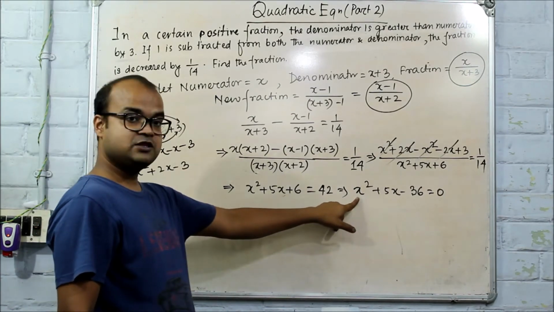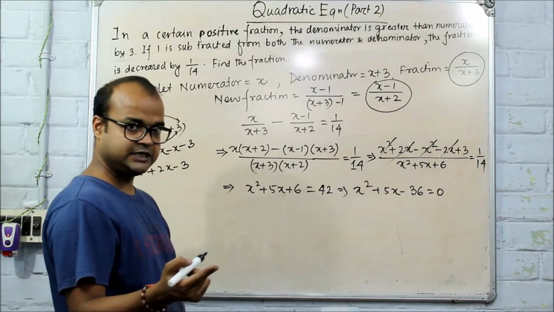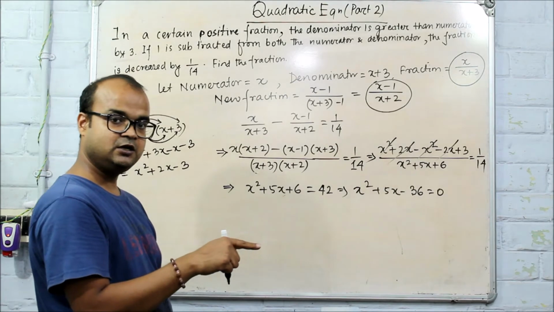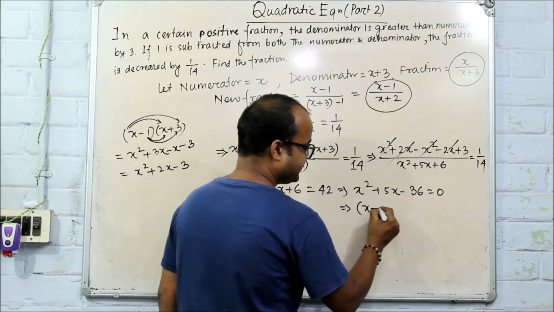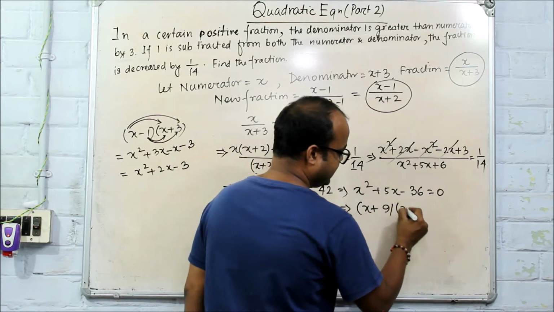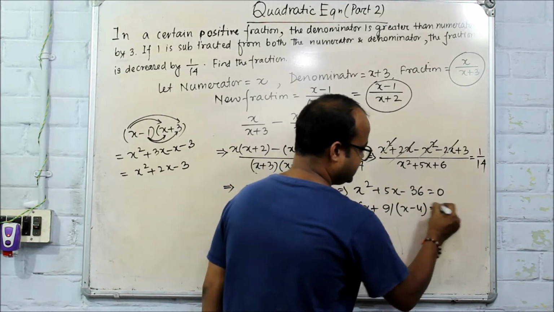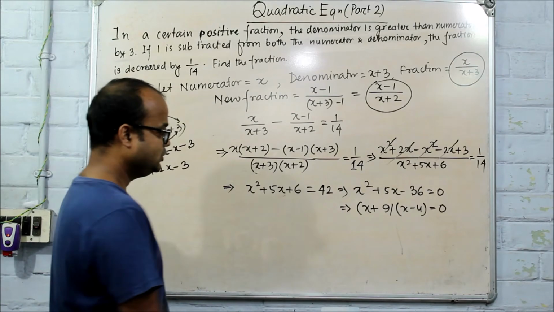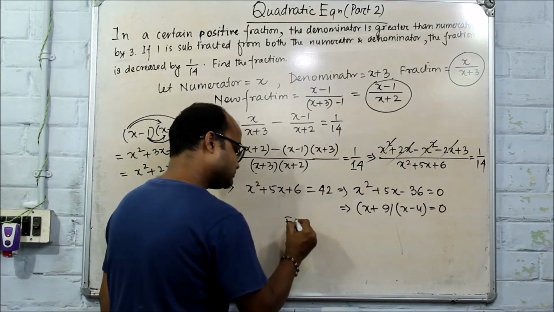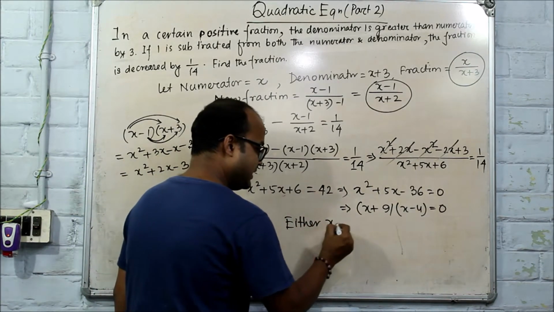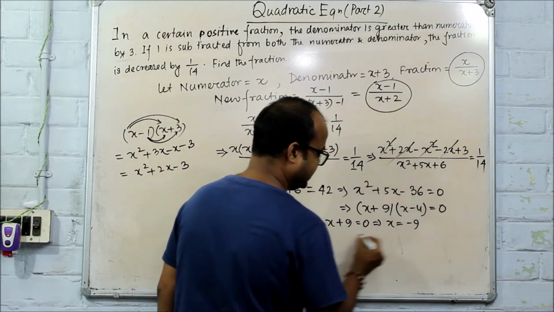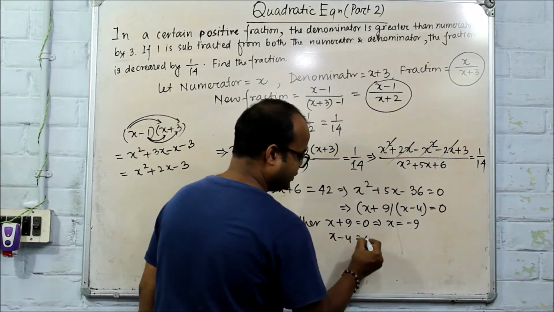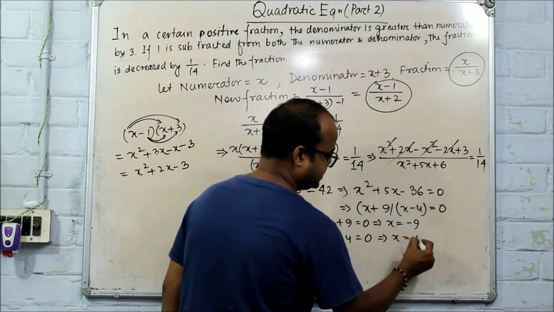Either you can solve this quadratic equation by the factorization method as discussed earlier, or by the formula method. So x plus 9 into x minus 4 is equal to 0. So either x plus 9 is equal to 0, which implies x is equal to minus 9, or x minus 4 is equal to 0, which implies x is equal to 4.